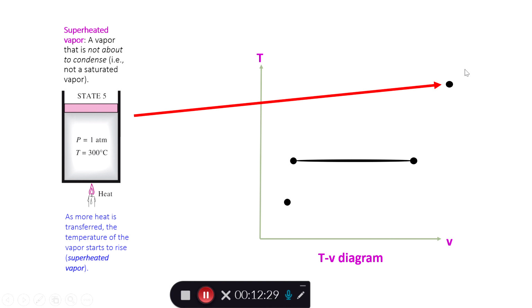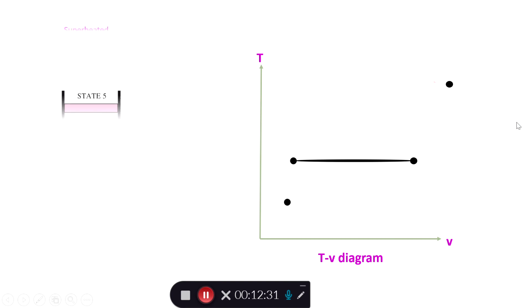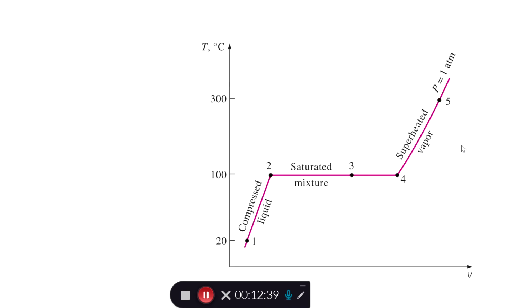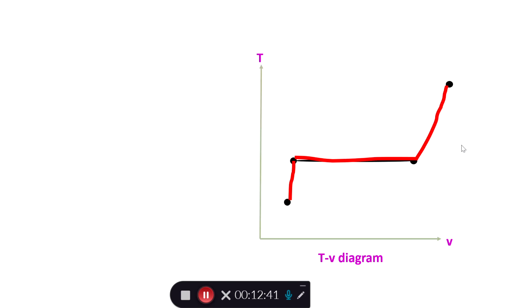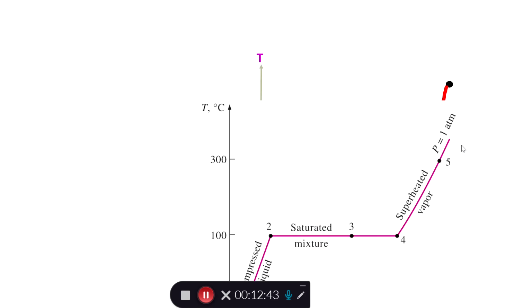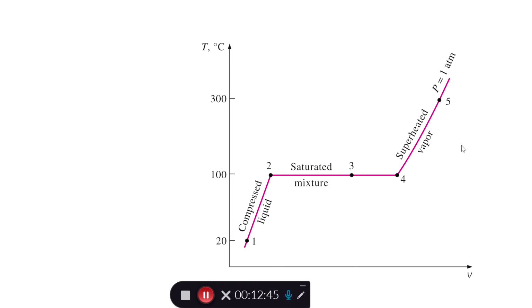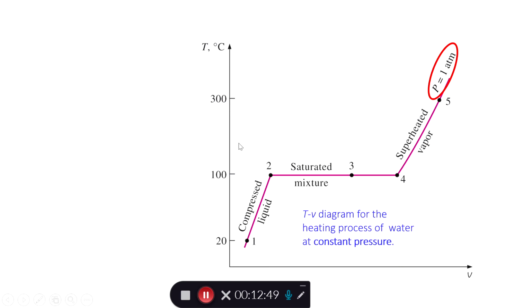So all these 4 states can be shown in a continuous line like this. Please forgive the wonky lines. So this is a nicer version of it. So learn how to draw it yourself and then refer to this diagram. What I want to point out here is that all these are happening at a constant pressure of 1 atm, or atmospheric pressure.